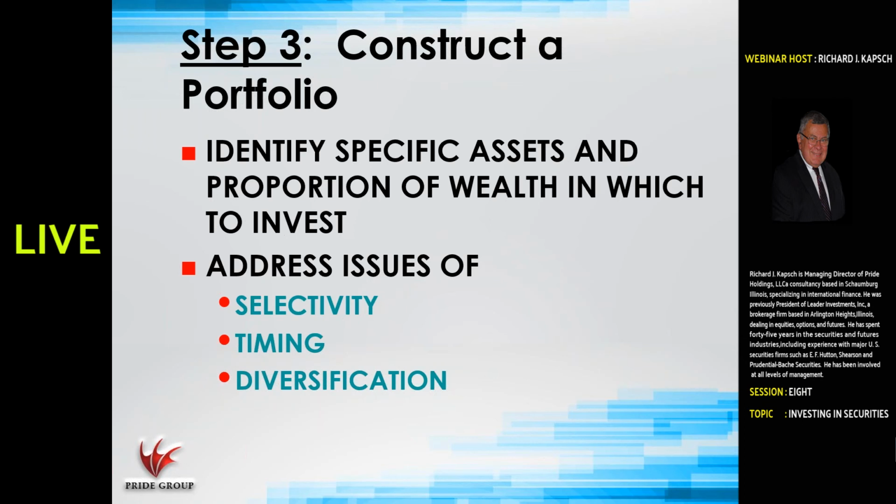We want to allocate our wealth among various stocks in the marketplace. And in so doing, there are three issues we want to address. One is selectivity, in other words, which specific stocks are we interested in? Second is timing, just like any other trade. Is this the right time to buy these things, or do we think that perhaps the stocks are going to get cheaper and we can buy them later?